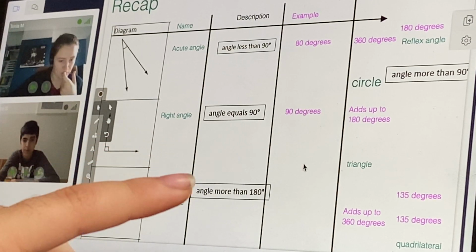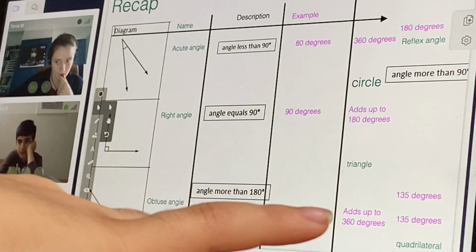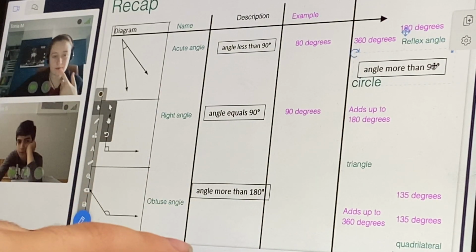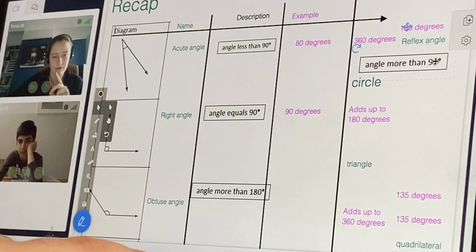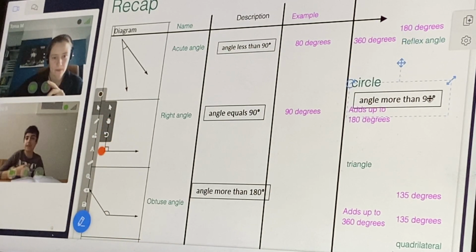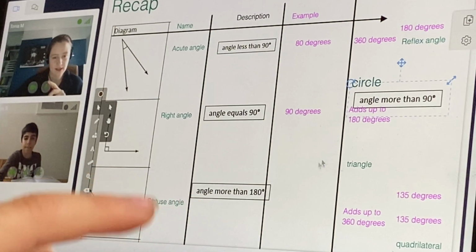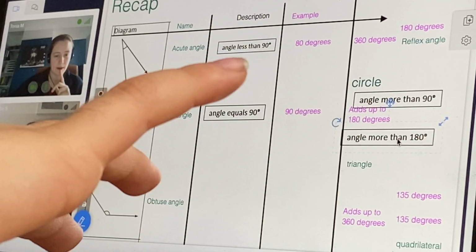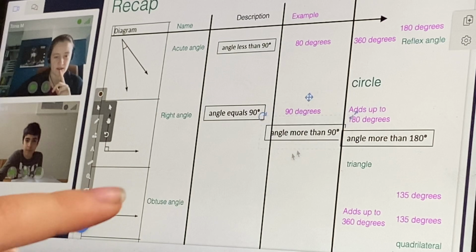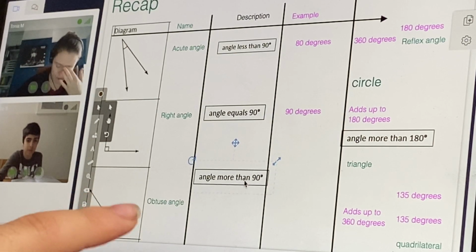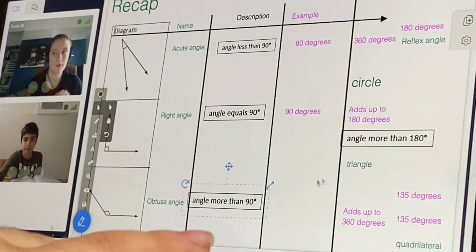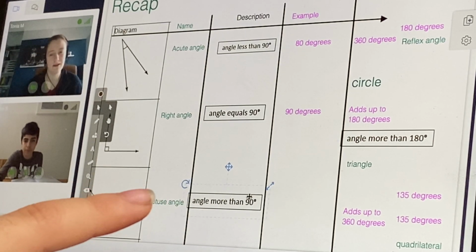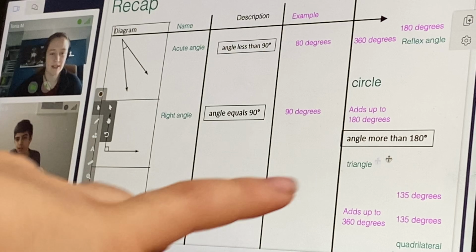Is it more than 180? Yes. Are you sure? So if this is what 90 degrees looks like, hang on, let's get my finger pointer. No, it's more than 90. It's just slightly more than 90 because if you remember, 180 degrees is a straight line. Do you remember that? Yes. So it's kind of that in between. It's more than 90 but less than 180. Yes. That should probably say that.